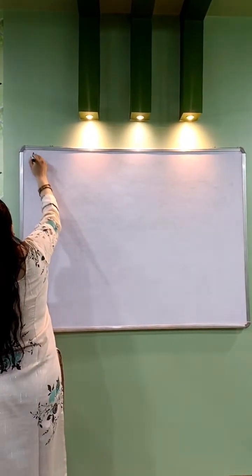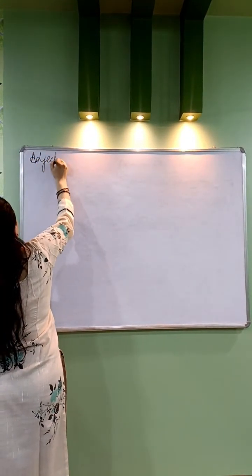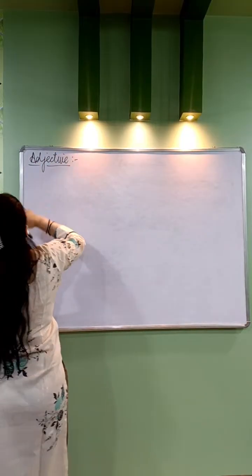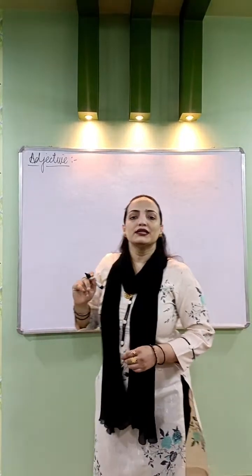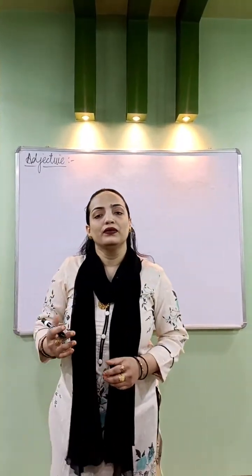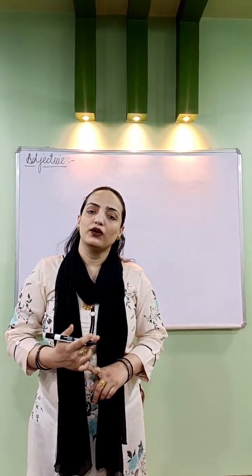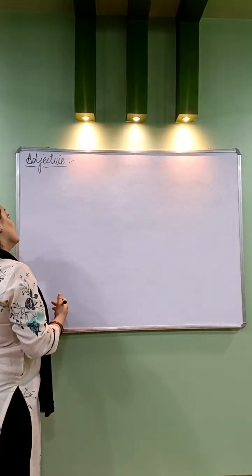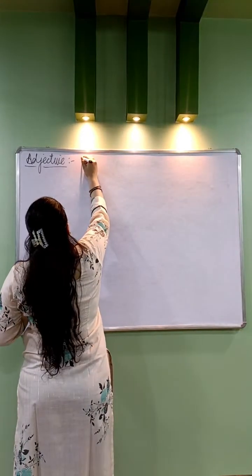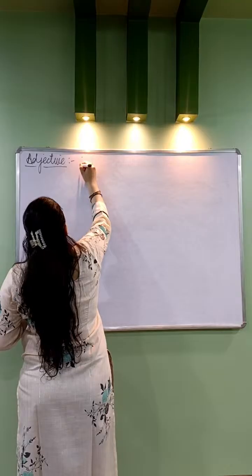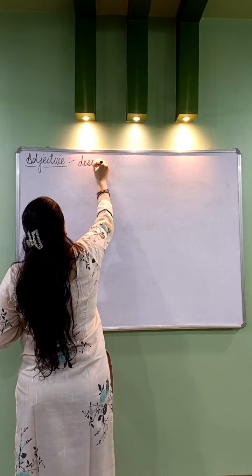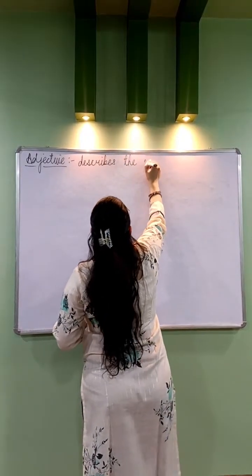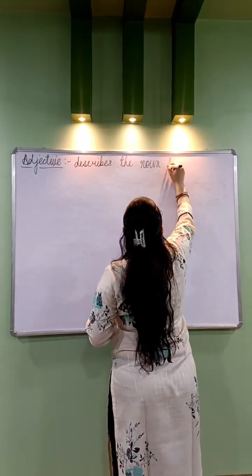So first of all, if I talk about adjectives, we can say words which describe a noun or pronoun are called adjectives. So let's have a definition. An adjective describes the noun and the pronoun.